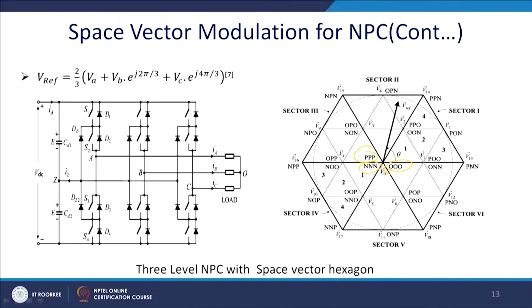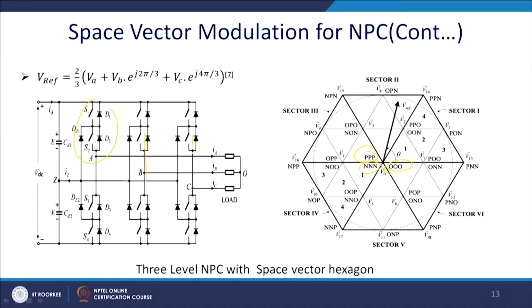You can generate V1 with P 0 0, that means this and this, or you can also use 0 N N. If you use P 0 0, you say that it is a P class of half vector, and if you generate it by 0 N N, we say that it is an N class of half vector.